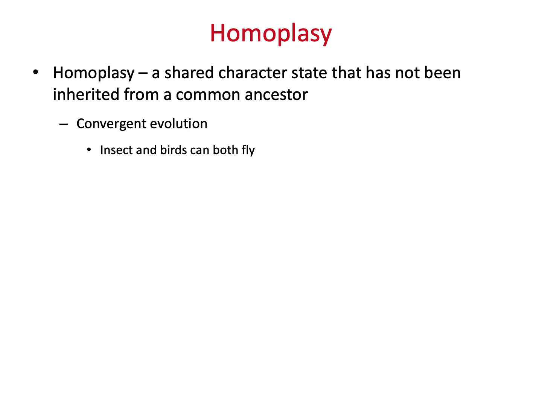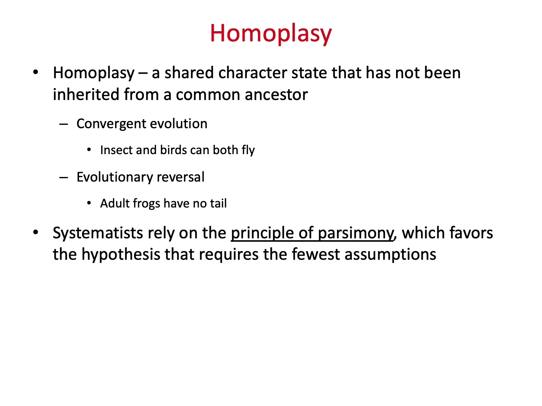So if you have homoplasy, where a shared character state has not been inherited from a common ancestor because it was developed due to convergent evolution or evolutionary reversal, this could be misleading and could give errors in evolutionary relationships. So it is very important that you rely on the principle of parsimony to avoid situations like homoplasy.